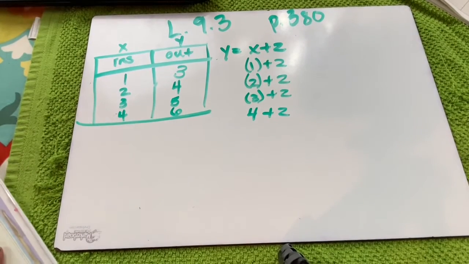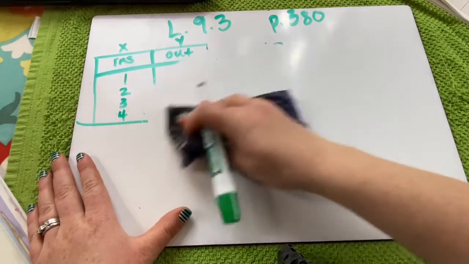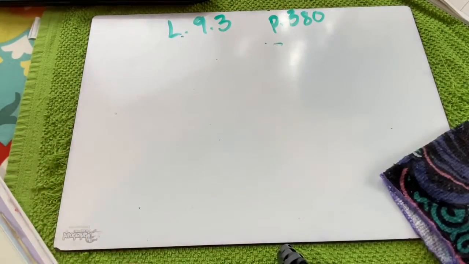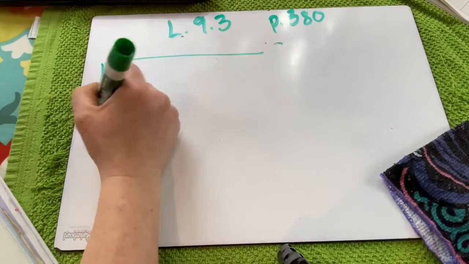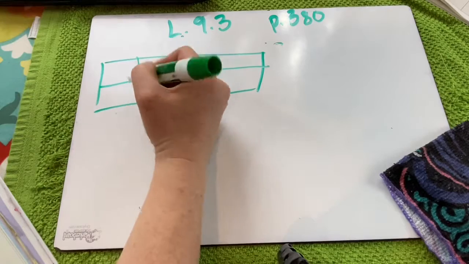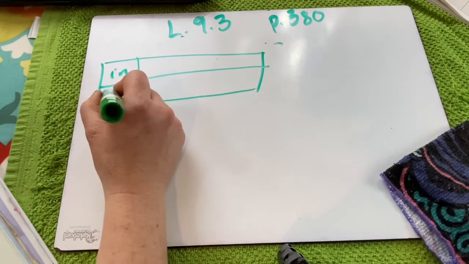So they're going to give us the ins. We have to figure out what the outs are. So they either do it up and down like this, or if you look at example number 1, they put it sideways like this. And they have the in and the out.